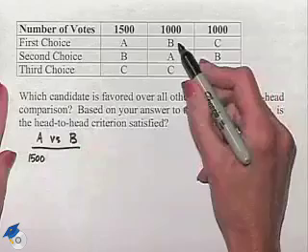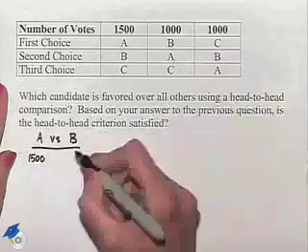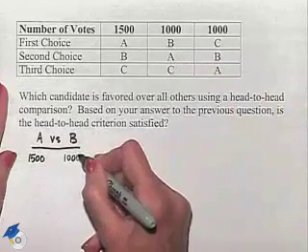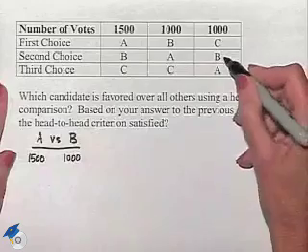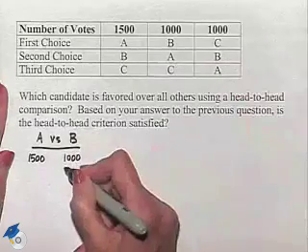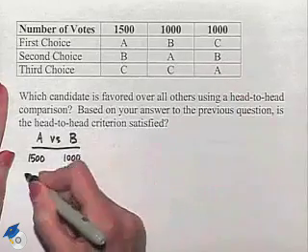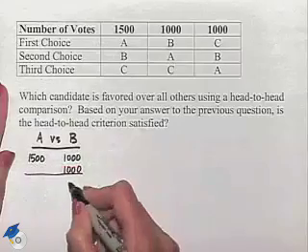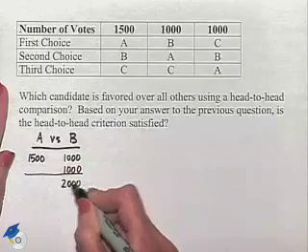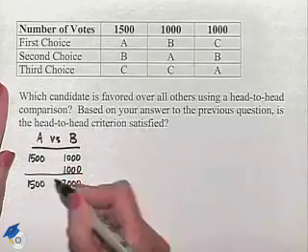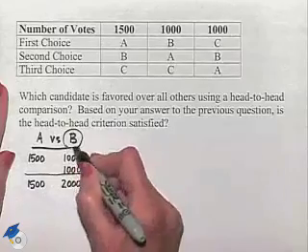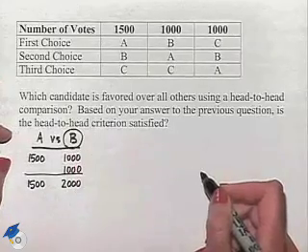In our second column, B is ranked above A, and so B would receive the 1,000 votes. And in our last column, B is ranked above A, and that would give B another 1,000 votes. That is going to give us a total of 2,000 votes for B and 1,500 votes for A, meaning that B would be declared the winner in this pairing.